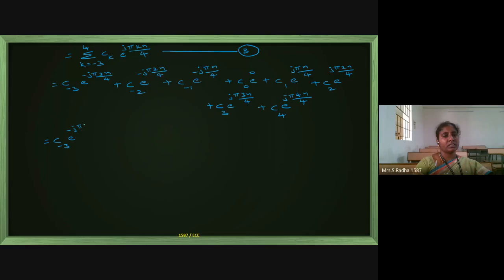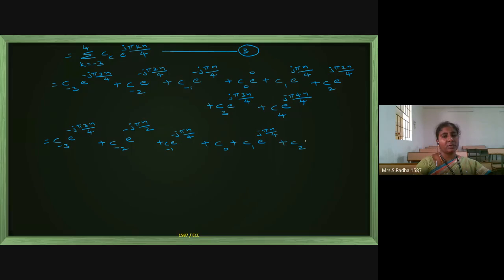E power -j 3n by 4 is there. Here one small simplification is possible. E power -j pi n by 2 I can write, and in the next term as it is, c -1 e power -j pi n by 4. Next c0 e power 0 value is 1. C1 e power j pi n by 4.